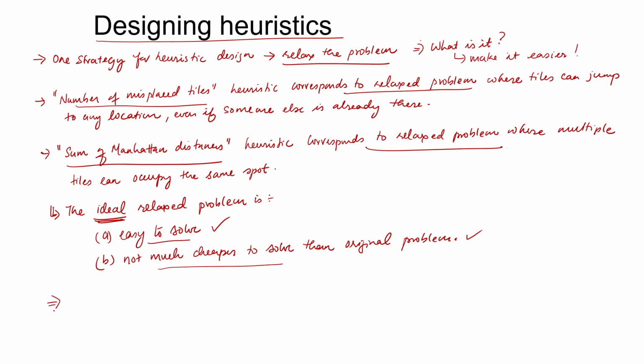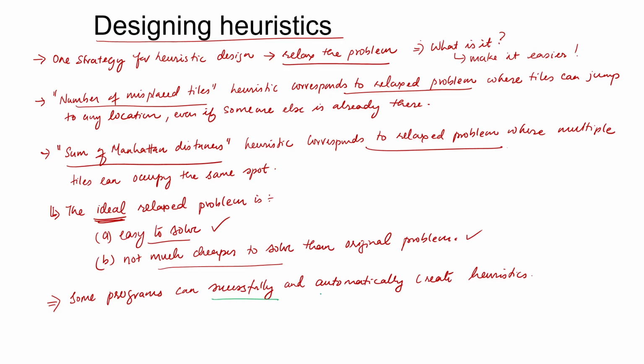Then the last part is, there exist programs that can successfully and automatically create heuristics. Okay. There are certain programs that can successfully and automatically create heuristics. Okay. Those options are also available as part of this.